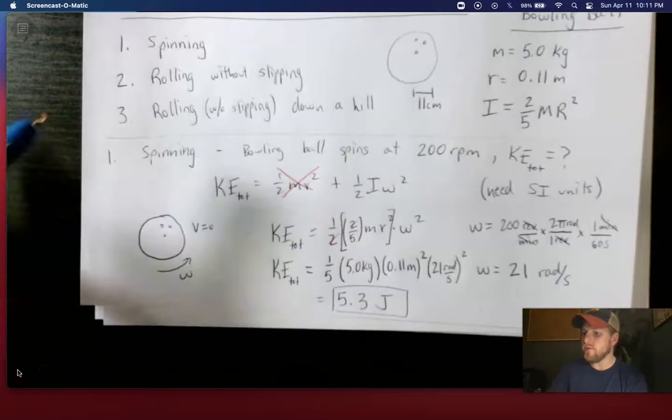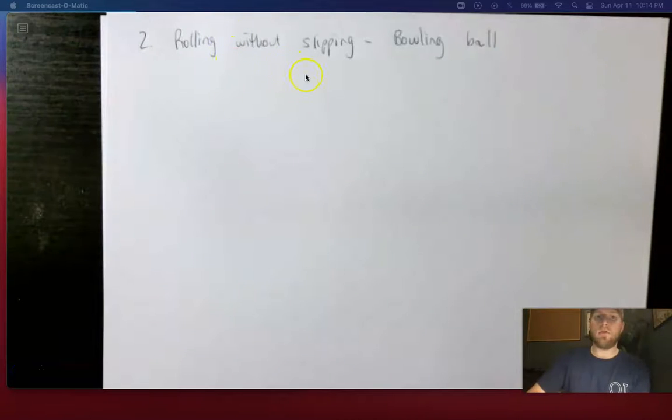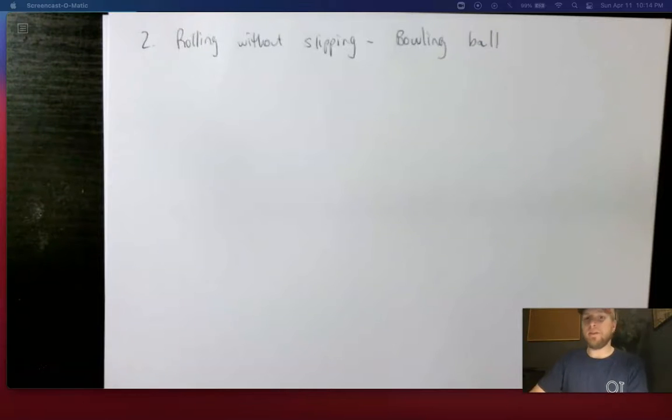Let's go on to the rolling without slipping situation. I've consulted the handy website bowlingball.com, and a quick result says the average bowling ball is bowled at about 18 miles per hour, which is about 8 meters per second.